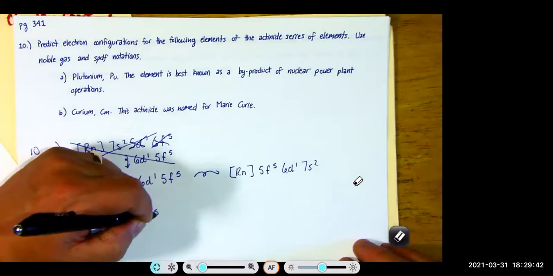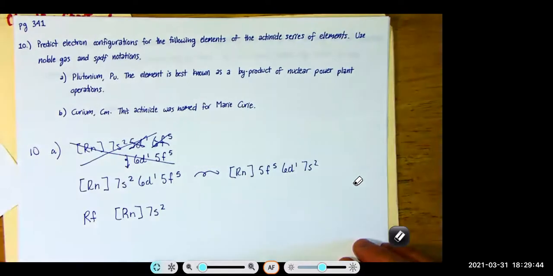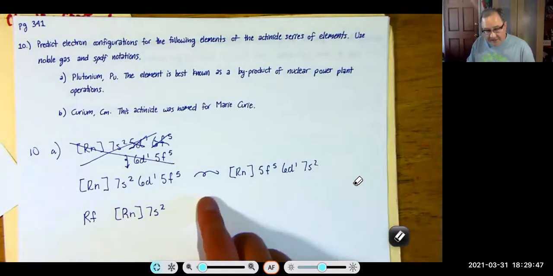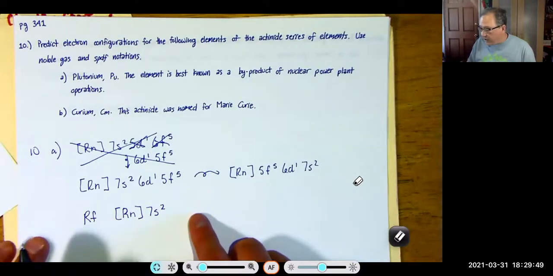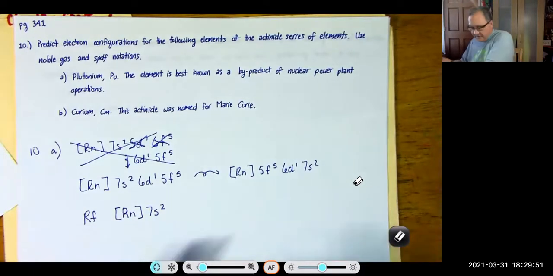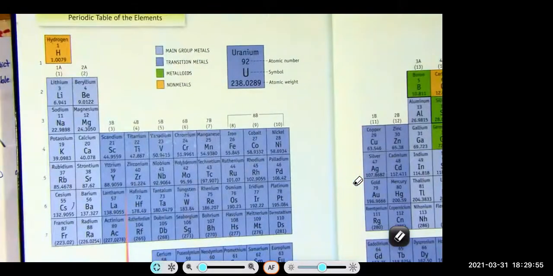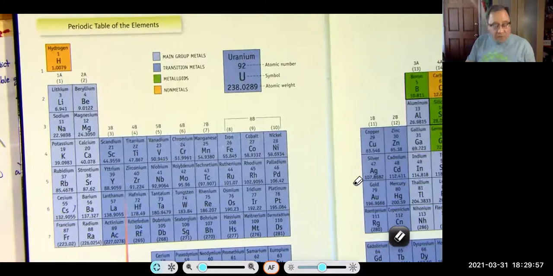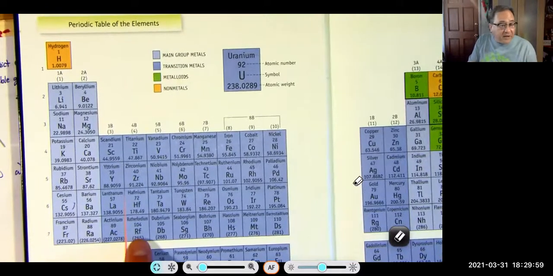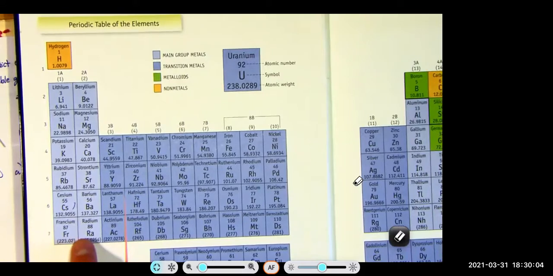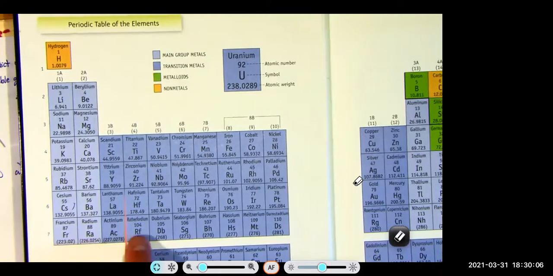So radon, 6d1, 7s2. Well, we don't want to jump ahead. Let's read it off the periodic table. Radon, 7s2. But you see how we have to get to Rutherfordium? We have to do a 7s2. Right. And then we are going to do a what?